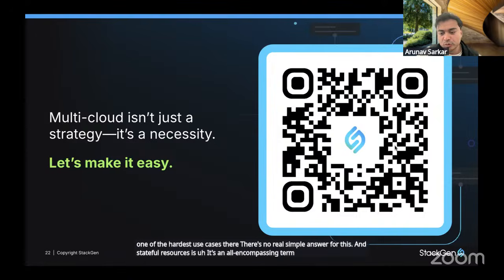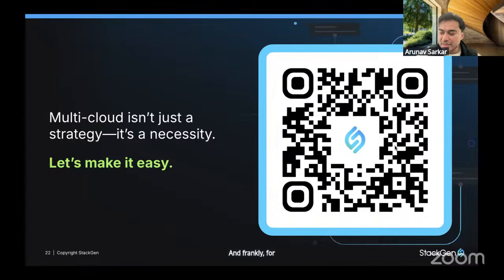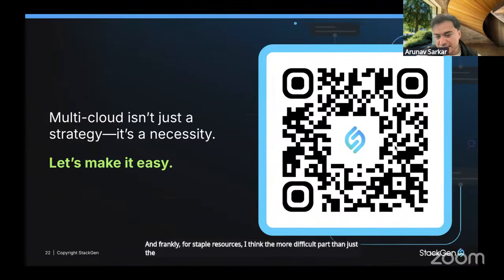We can have stateful resources living within VMs, clusters, different compute platforms. There might be proprietary compute platforms where this all lives. And frankly, for stateful resources, I think the more difficult part than just the infrastructure migration is going to be the data layer on top of that and how to migrate that, right?